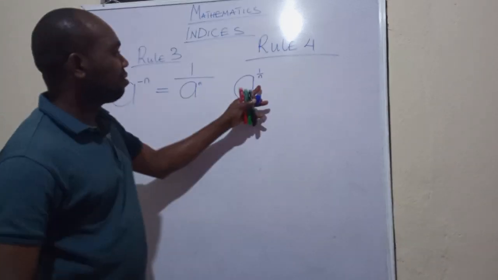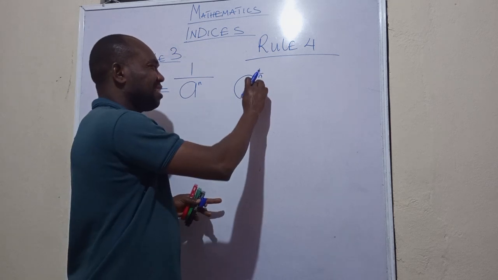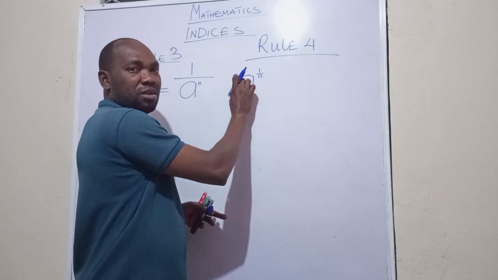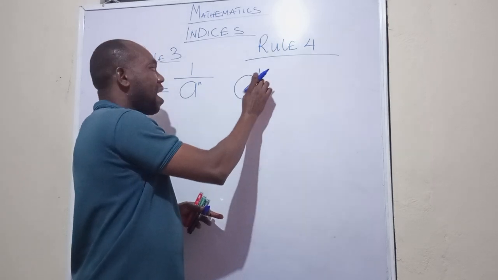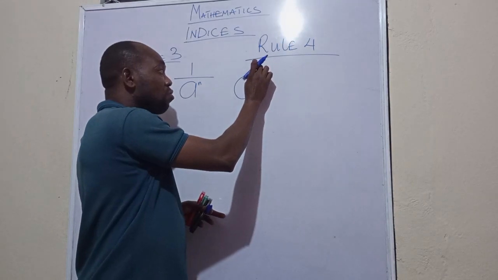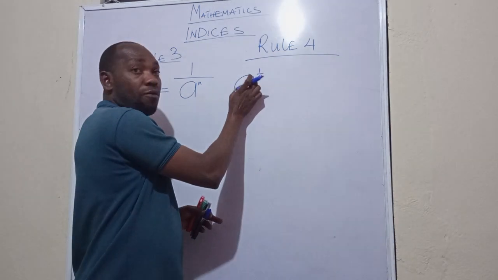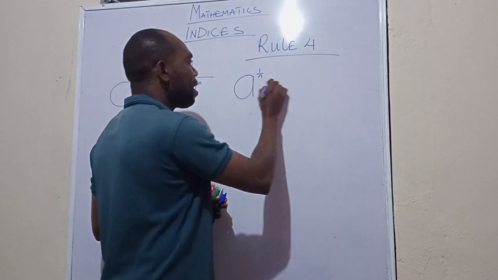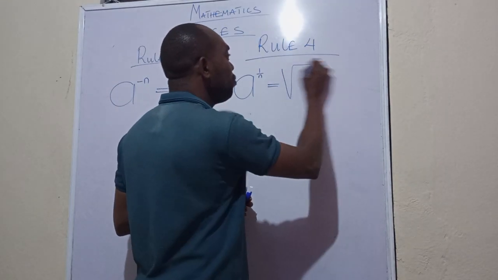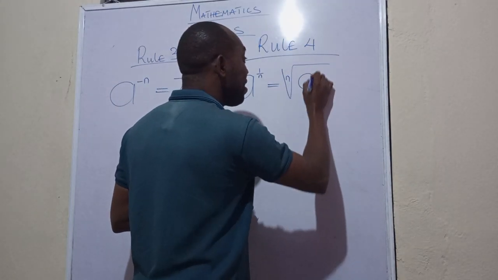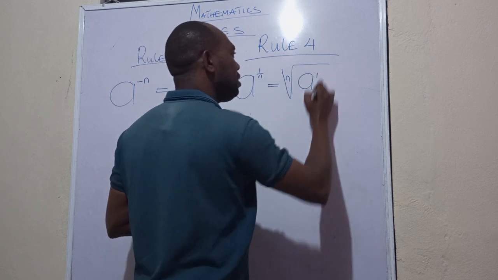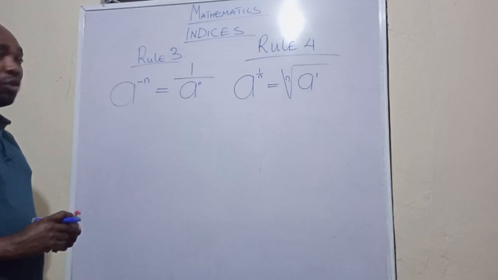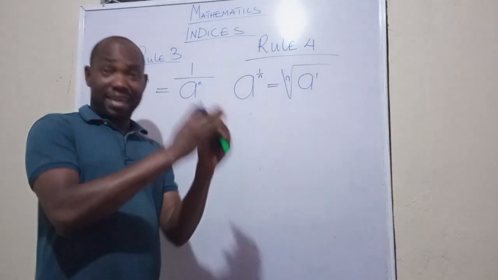So, in this, it's telling us that this n is the root of a and 1 is the index of the a. So what will happen will be the n root of a, and 1 becomes its index.